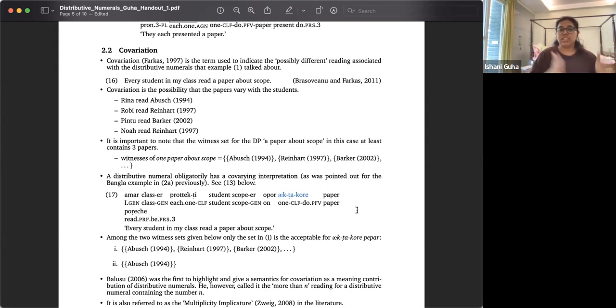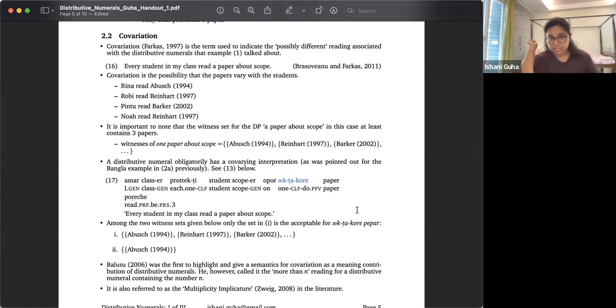The meaning of this phrase must have more than one paper. So it has this paper by Abush, it has this paper by Reinhardt, it has a paper by Barker, and so on and so forth. So a distributive numeral, which obligatorily has a covariant interpretation, right?